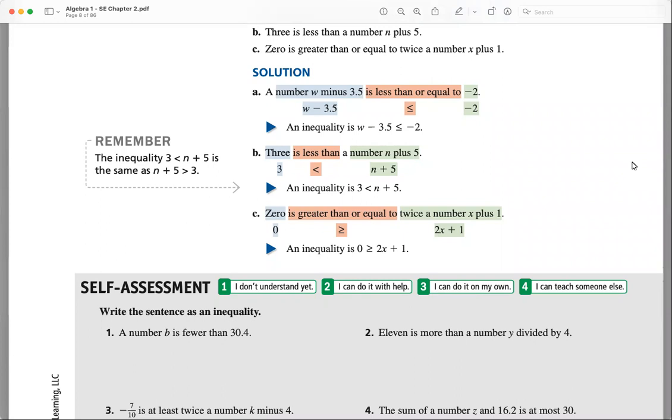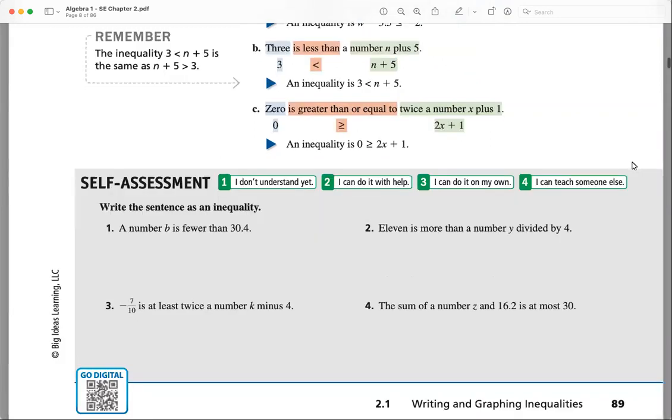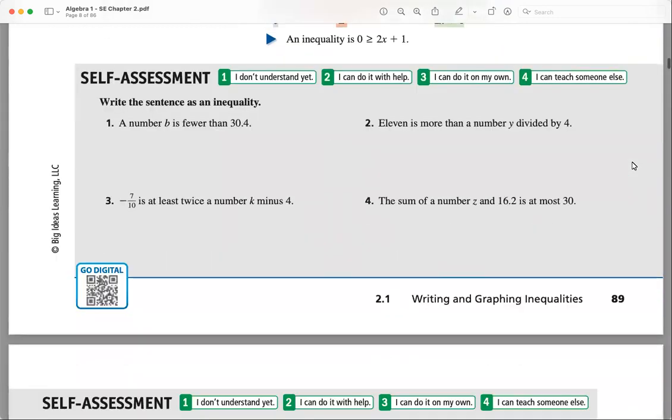And then to the left is 0, to the right is twice a number x plus 1. Okay, so it is really a good idea to use a highlighter to highlight the inequality, and then immediately that separates the sentence into two parts.